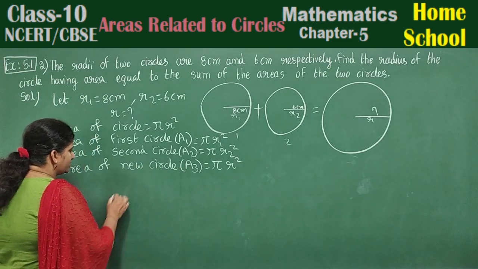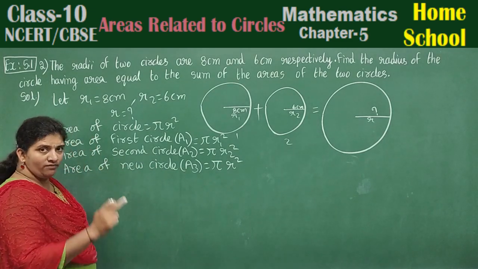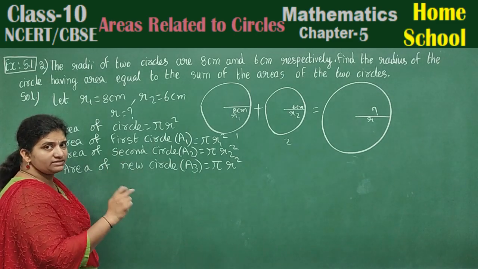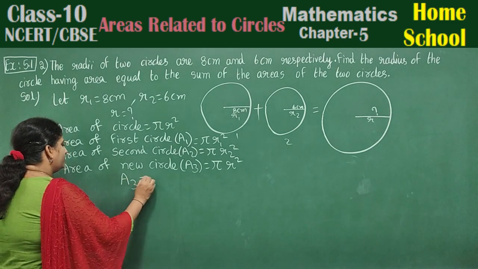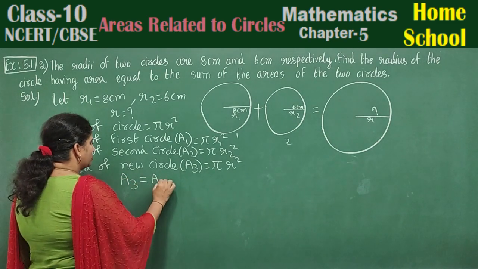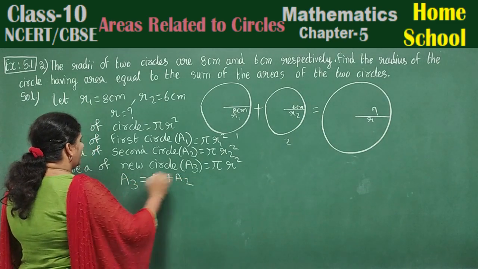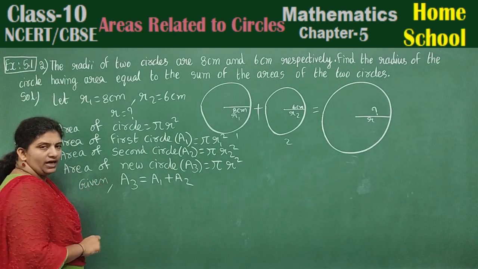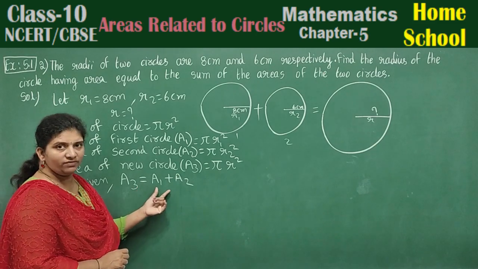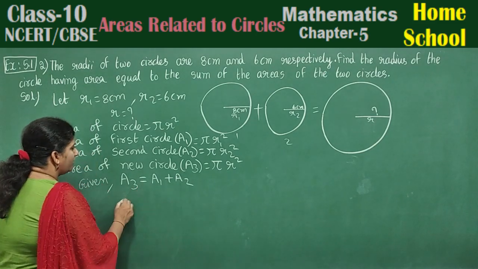How can we write the statement? The sum of the areas of two circles is equal to the area of the new circle. That means A3 is equal to A1 plus A2. Given the area of the third circle is equal to the sum of the areas of the two circles.